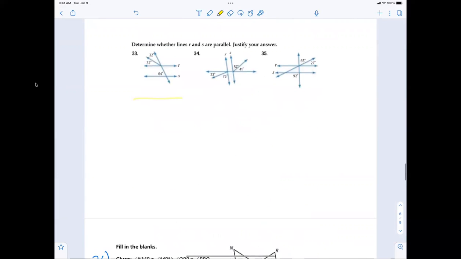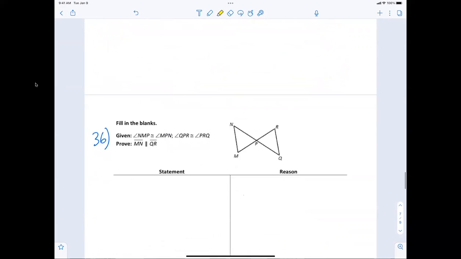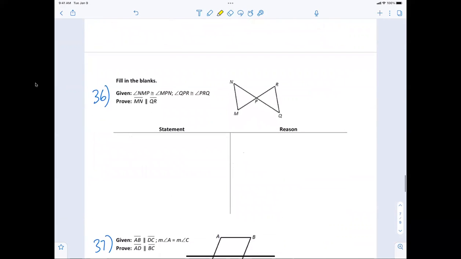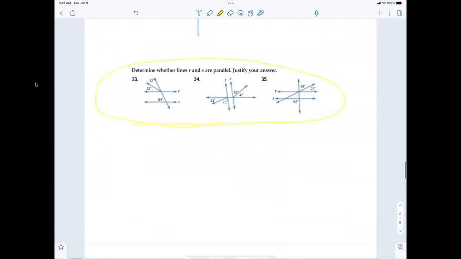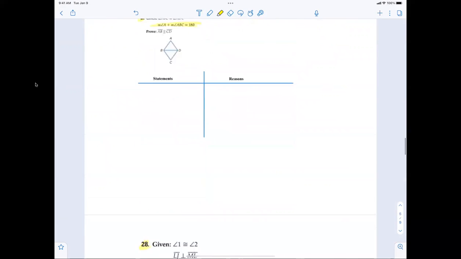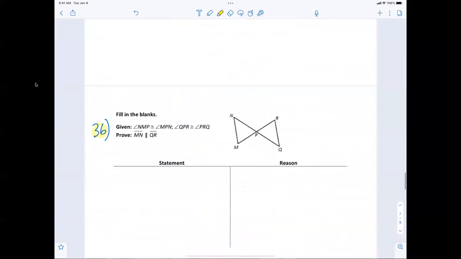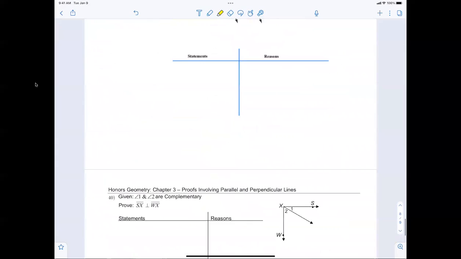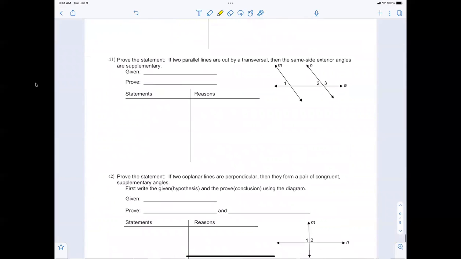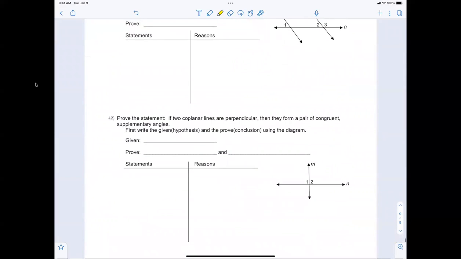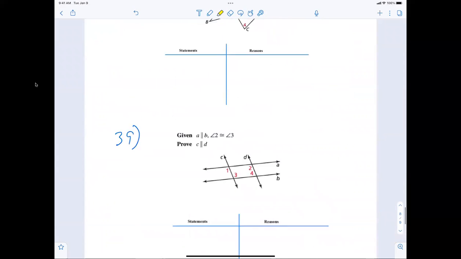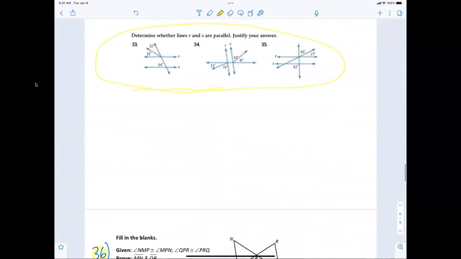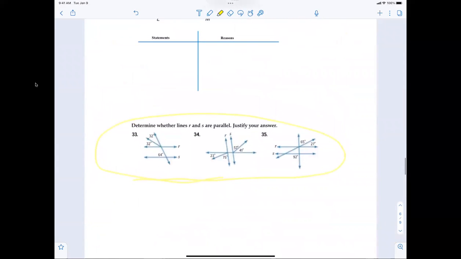I don't care about 33, 35. Those are the easy ones. Everybody got those right on the test, so that's not going to be on the test. All right, try these three. Everybody sit down, 27, 28, 36, and then tomorrow we'll do 37, 38, 39, and the rest of them. All right, is everybody with me on that? You guys get to try these three by yourself. See if you can do it. All right. Have at it.